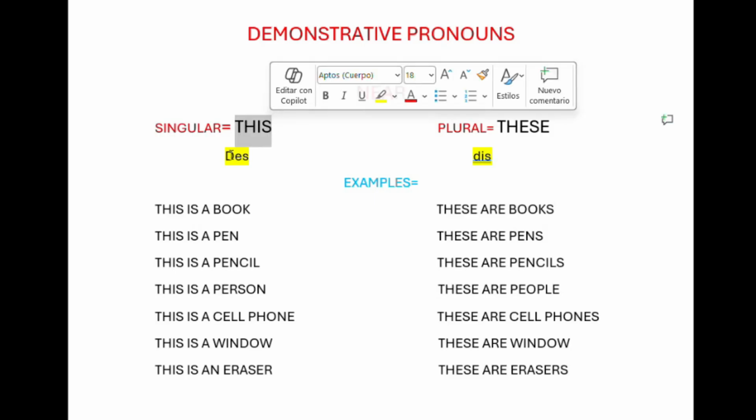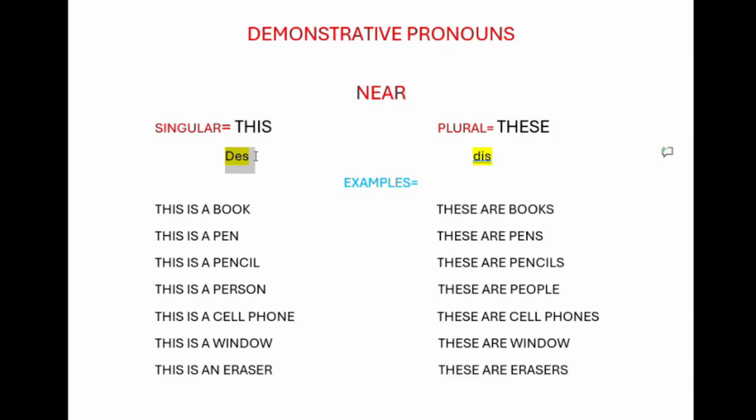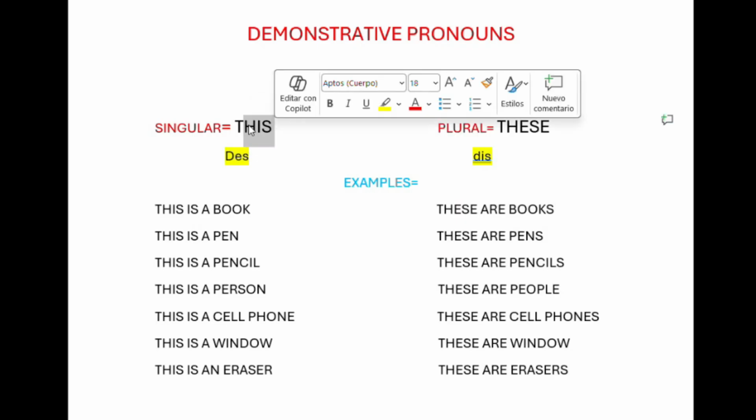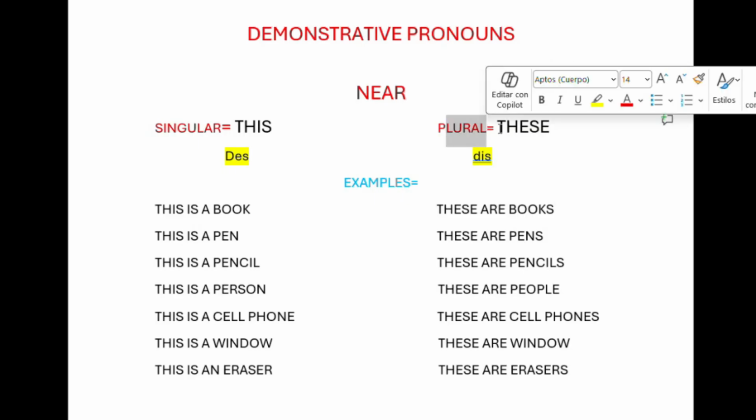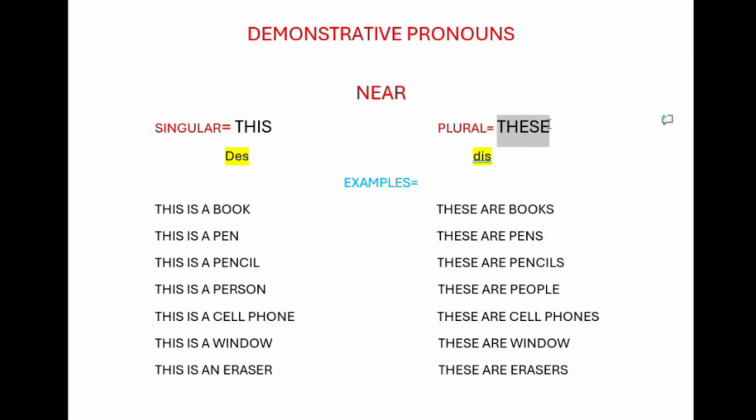The pronunciation is this, this. And the pronunciation of this word that is in plural is these, these. Okay, singular form and plural form, right?